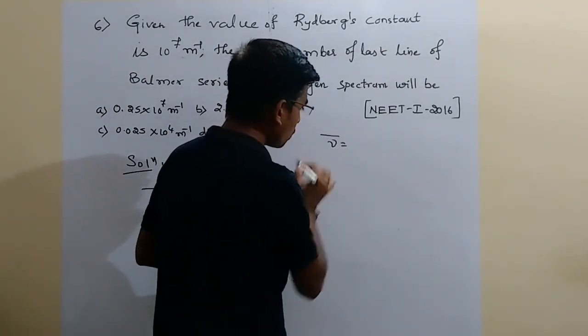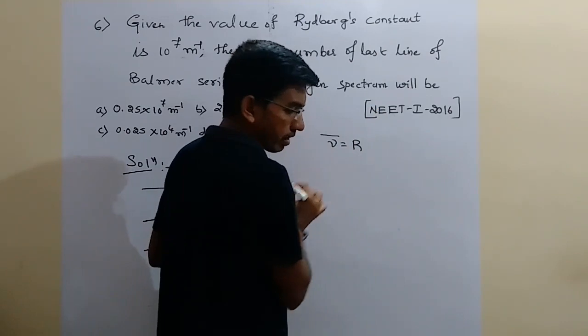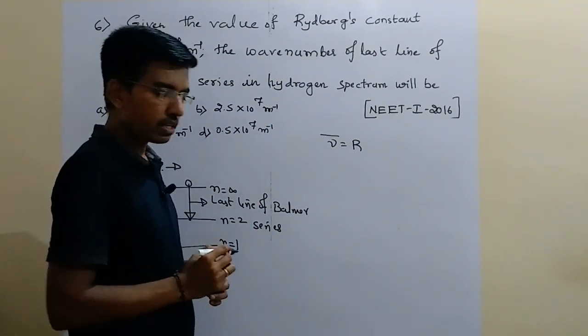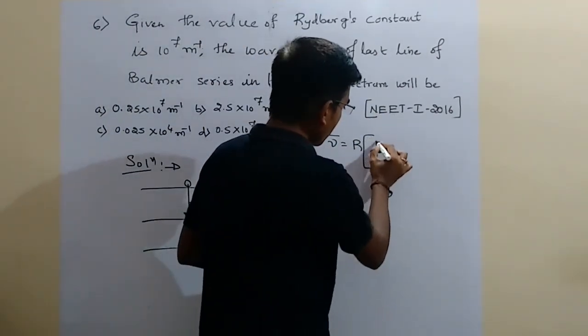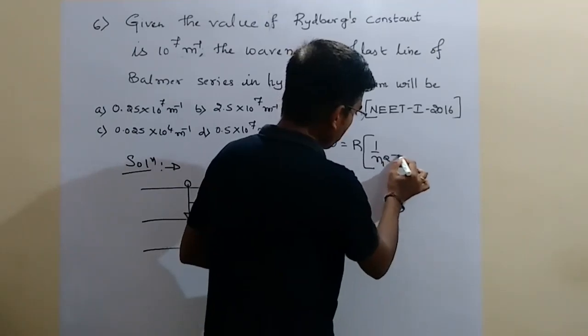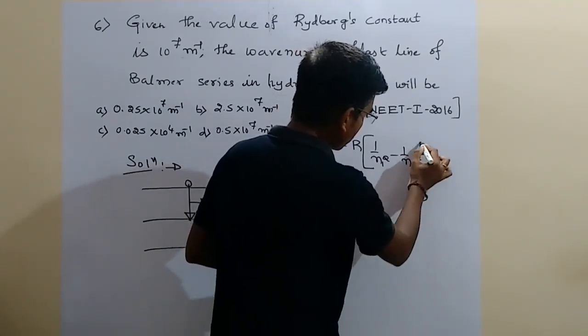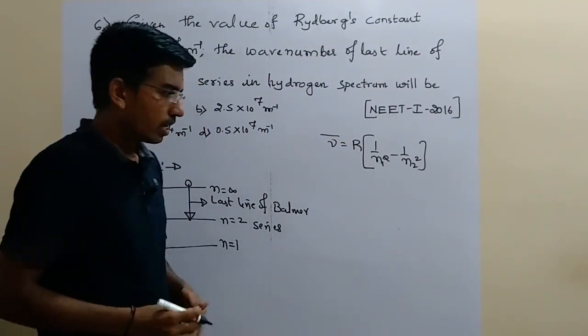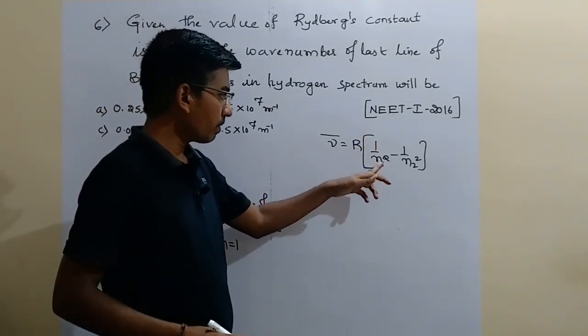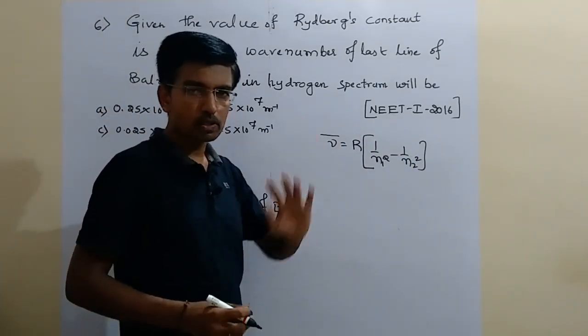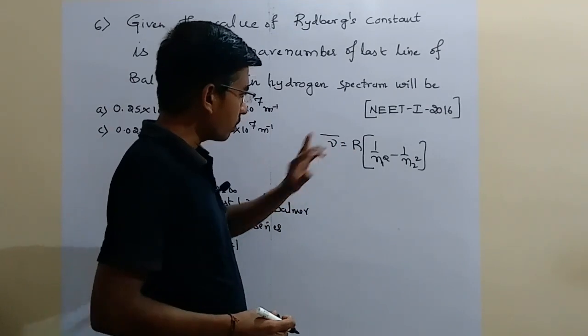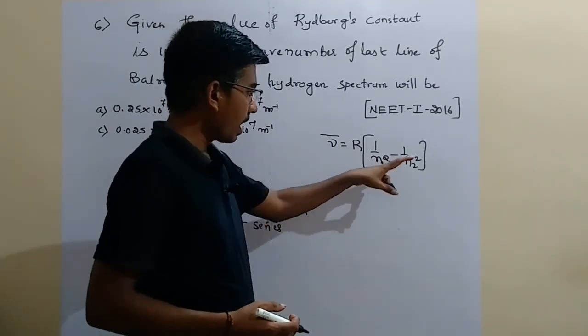Okay, so we know that the wave number equation is what? Nu bar is equal to R, R is nothing but the Rydberg constant, into 1 upon n1 square minus 1 upon n2 square. Okay, so substitute the values of R, n1 and n2.